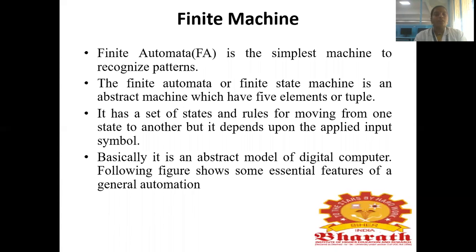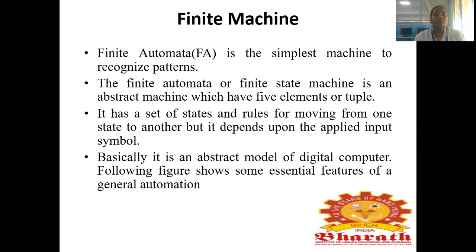A finite automaton represents a mathematical model of a system with a certain input. This model finally gives a certain output. When the input is given to the machine, it is processed through various states. These states are called intermediate states.